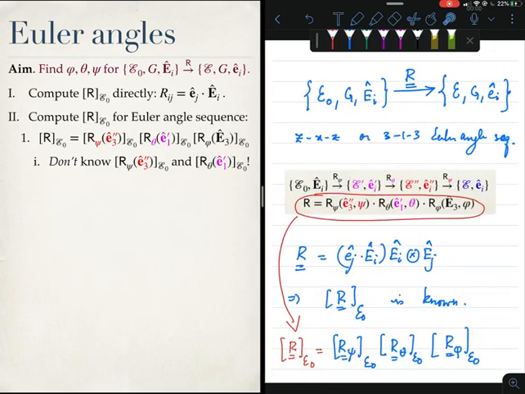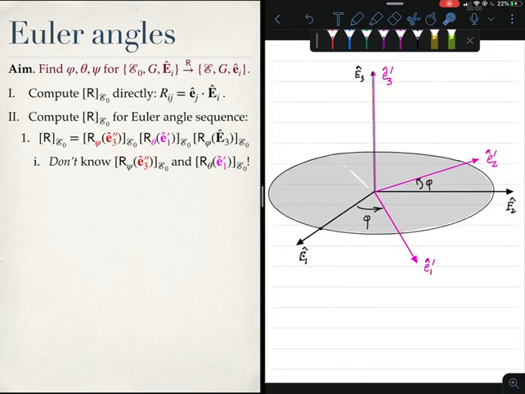And I have repeated this picture over here. So here is the black coordinate system, here is the pink coordinate system, and I obtain the pink coordinate system, that is E prime, from E0 by rotation about E3 by phi.